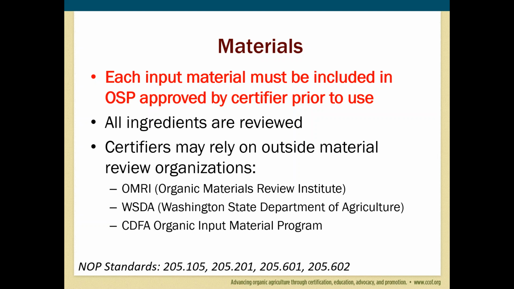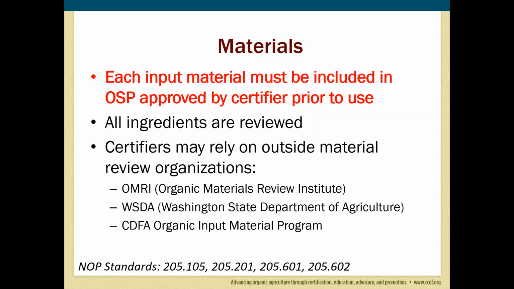And these names might look familiar to some of you, maybe they're brand new to some of you, but if you're starting into the certification process, I encourage you to get familiar with them. OMRI is the Organic Material Review Institute. Washington State Department of Agriculture's organic program has an input review component, and then the CDFA has an organic input material review program, which looks at fertilizers marketed as organic in California.